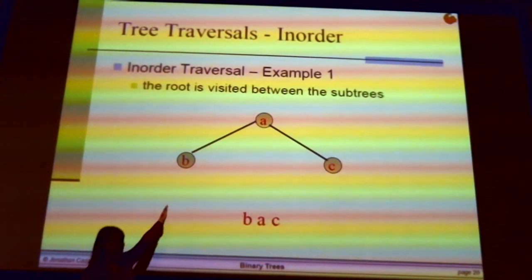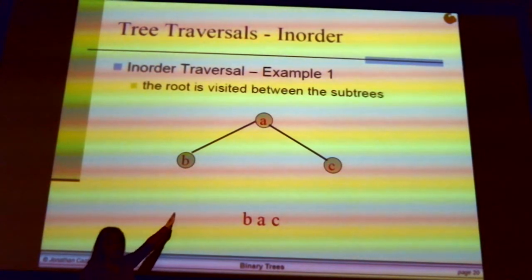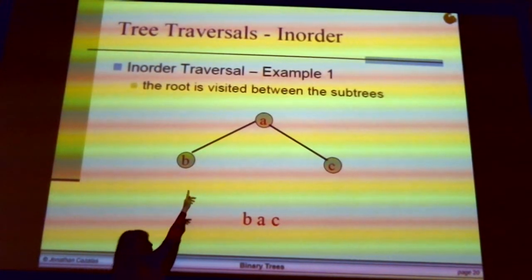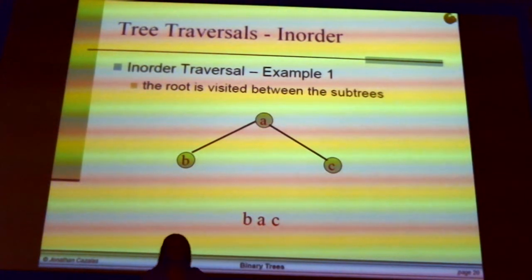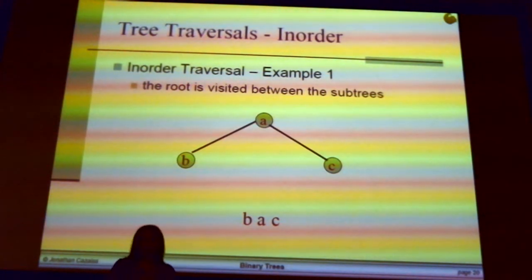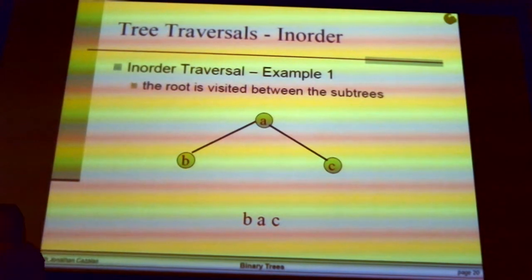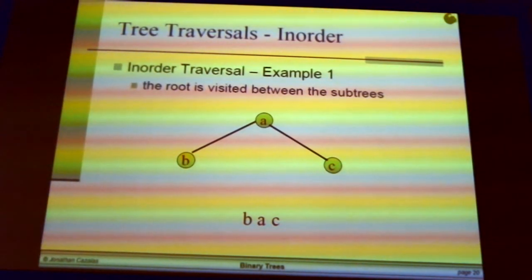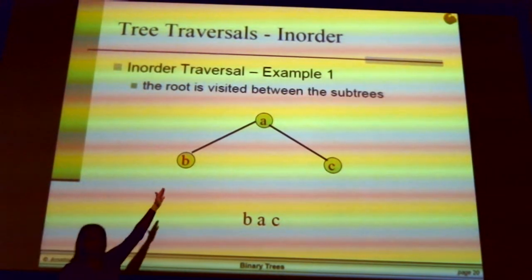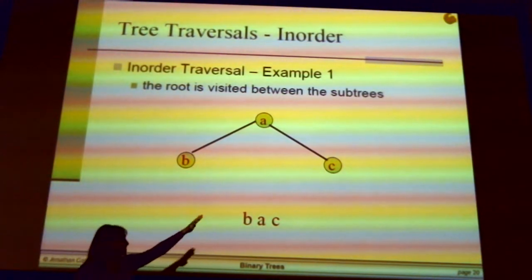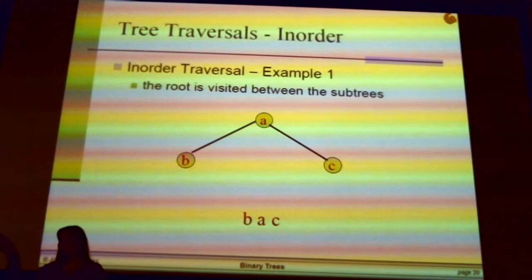So my left child is B, the root is A, and my rightmost child is C. If I do them in order, which means the root is visited in between its children, then we have our B, then the A, which is the root, and our C. Does everyone get that part of it?